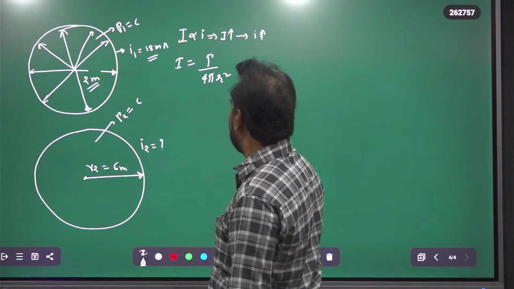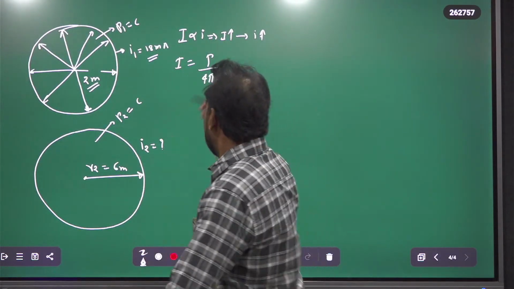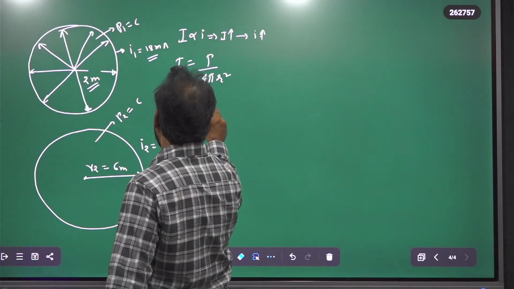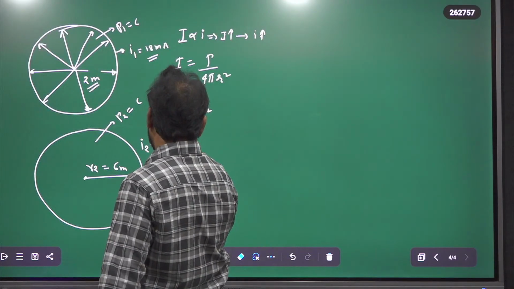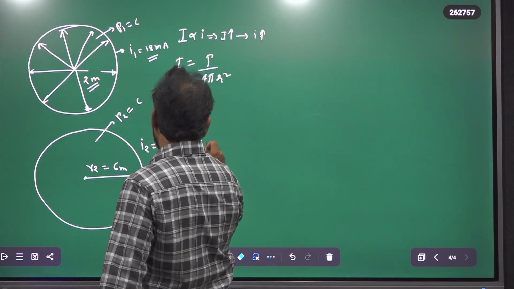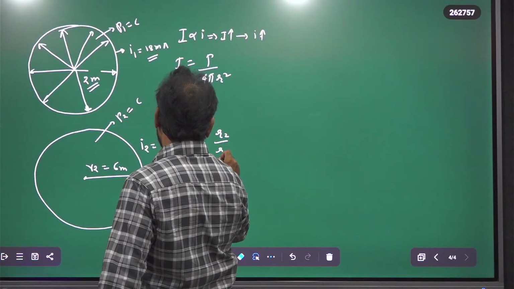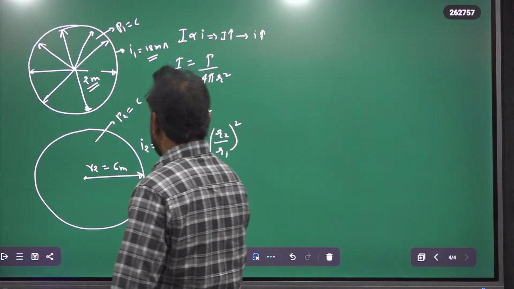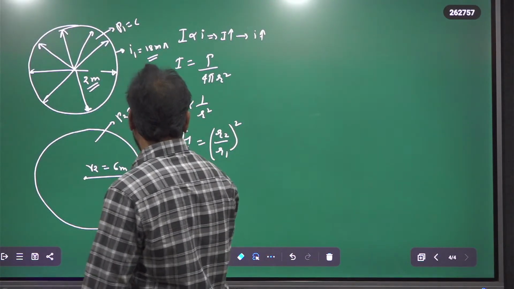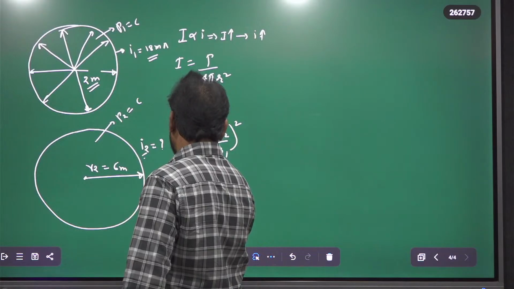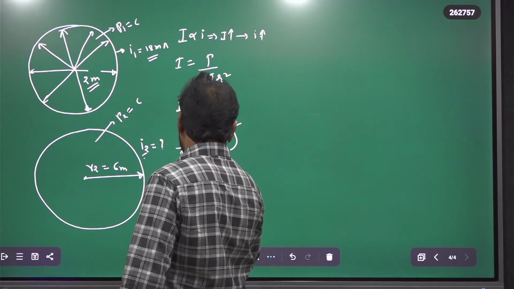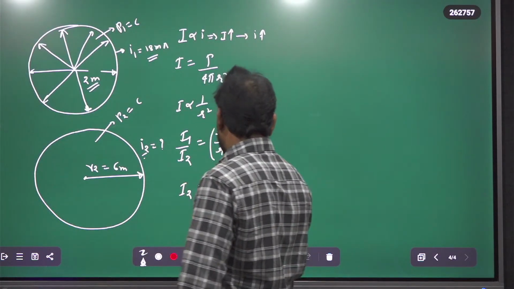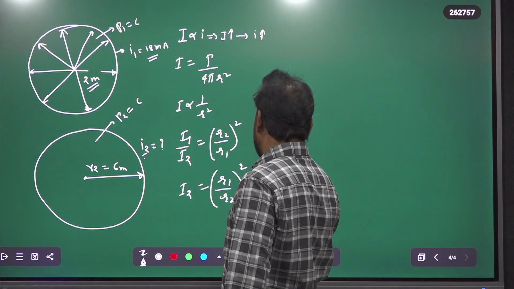From this it is very clear that I is directly proportional to 1 by R square. From this, I1 upon I2 is equal to R2 upon R1 of whole square. We have to calculate I2, so I2 is equal to R1 upon R2 of whole square into I1.